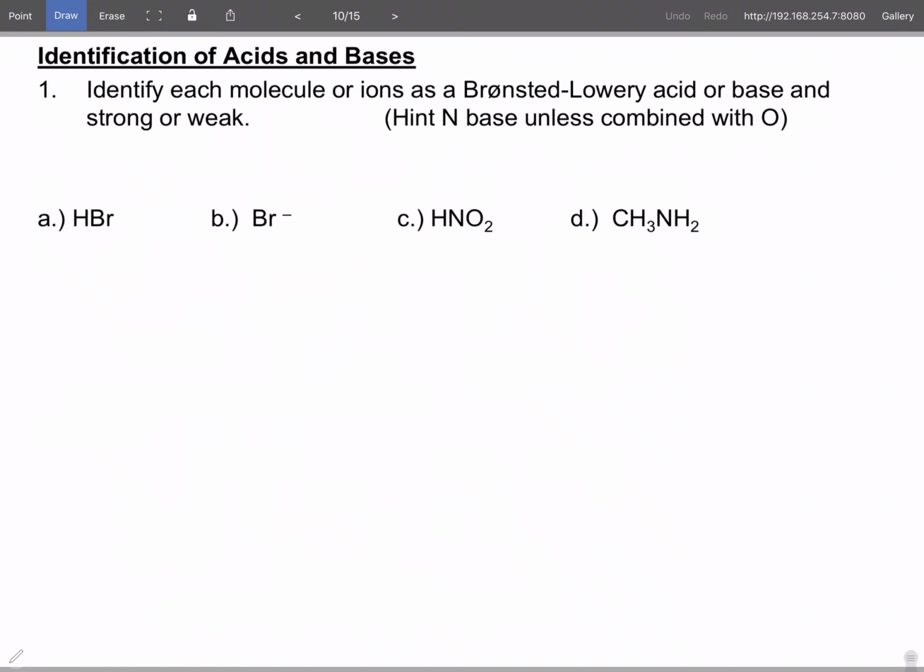All right, so if we're trying to identify a molecule or an ion as an acid or a base, and then we're supposed to identify it as strong or weak. So first off, we look at this. Does it have a proton? Yes. So it's going to be an acid. Now, you should recognize that's on the list, so it's a strong acid. This, however, has no proton, but it has a negative charge, so this is going to be a base.